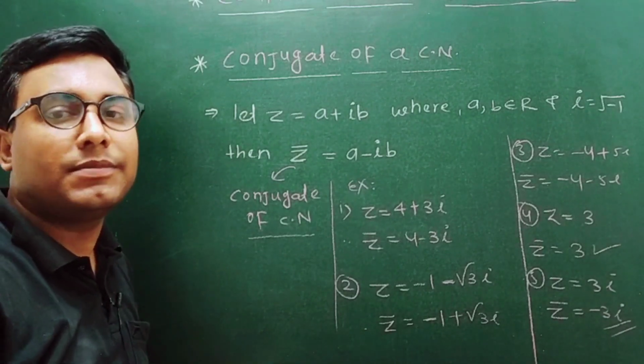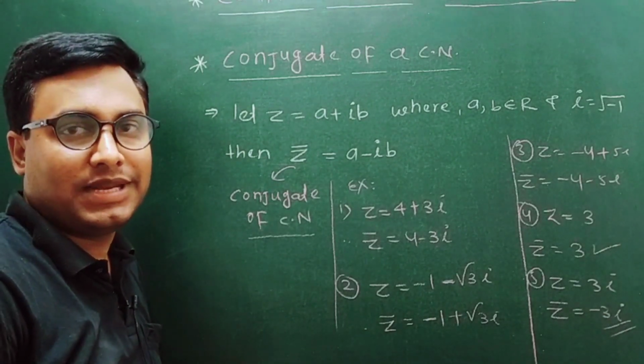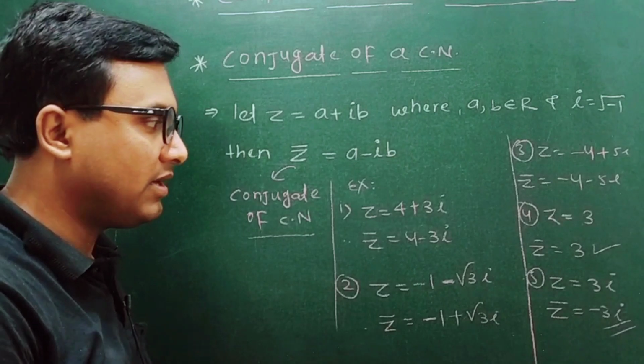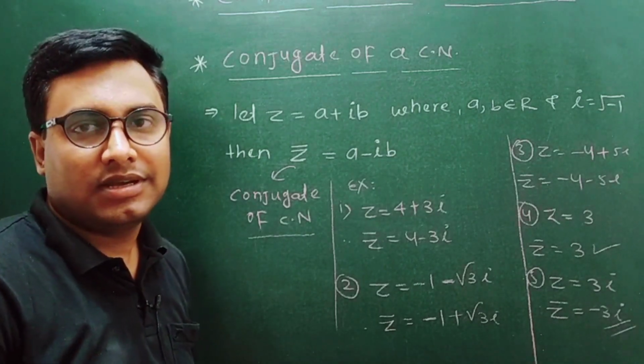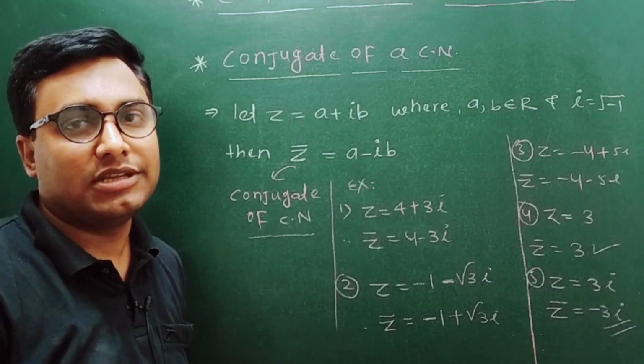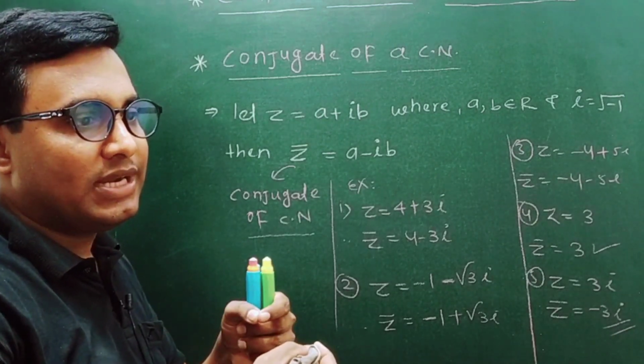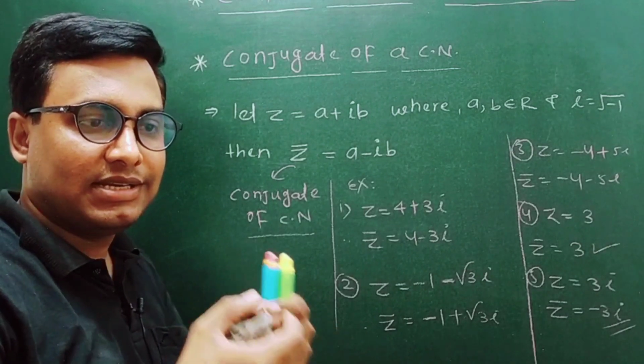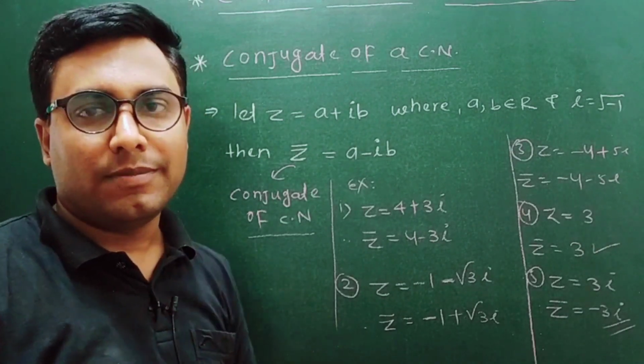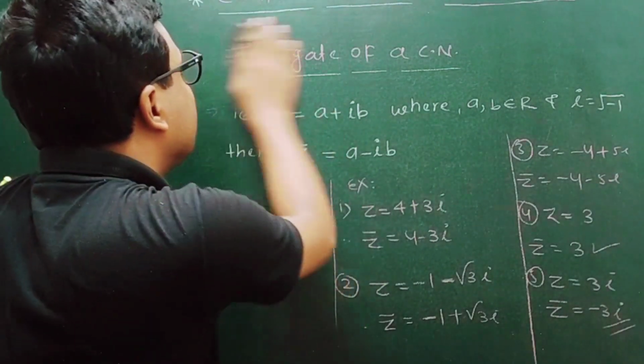We can see some results on the conjugate of a complex number, which help us in solving various problems. And there are some relations between conjugate, multiplicative inverse and modulus of a complex number also. See here.